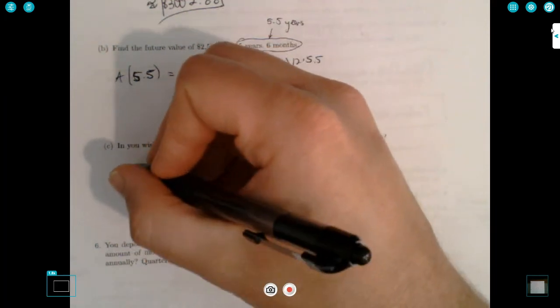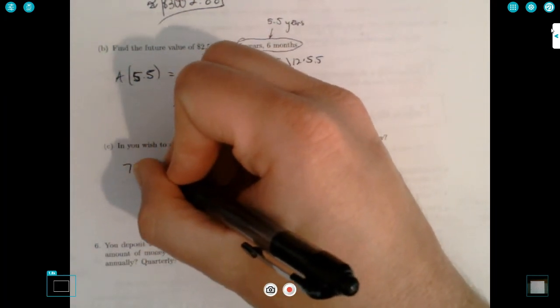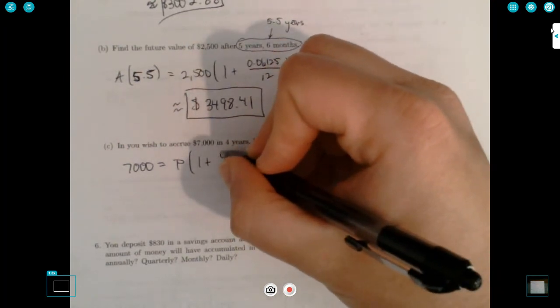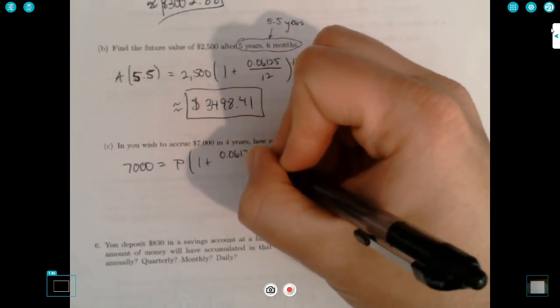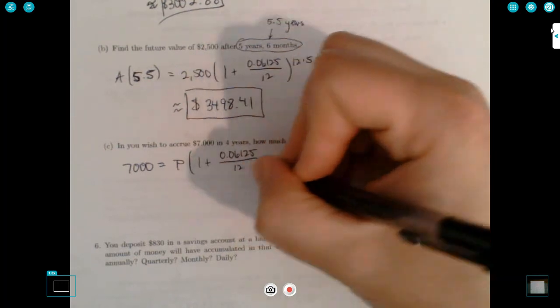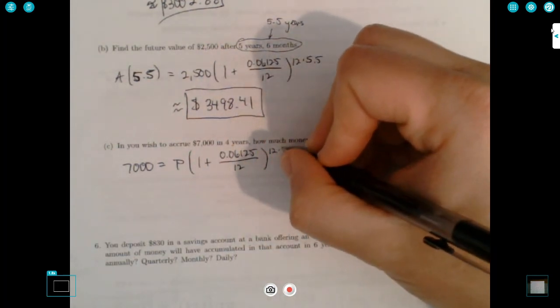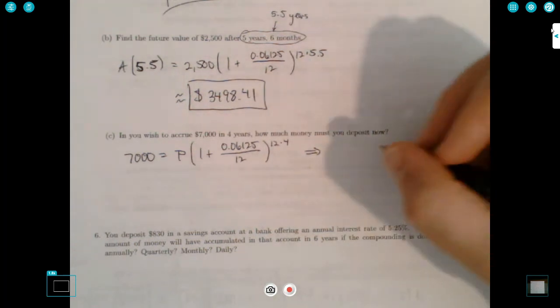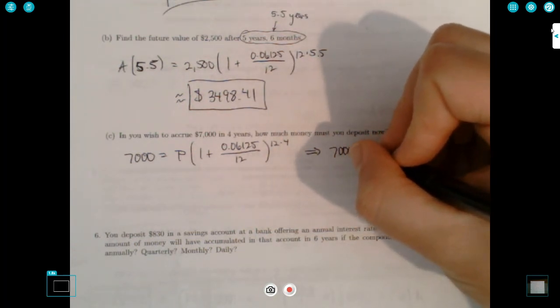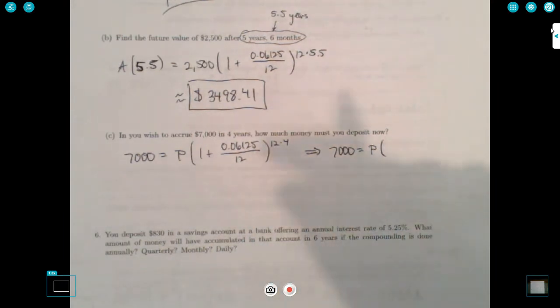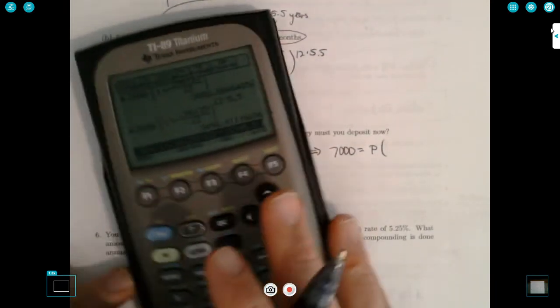Well, the amount, 7,000, equals the principal times 1 plus 0.06125 interest rate, right, divided by M, 12, to the M, 12, times T, 4. So we can solve for P. Right, we're going to get 7,000 equals P times, and I'm going to punch this stuff into my calculator and see what I get.